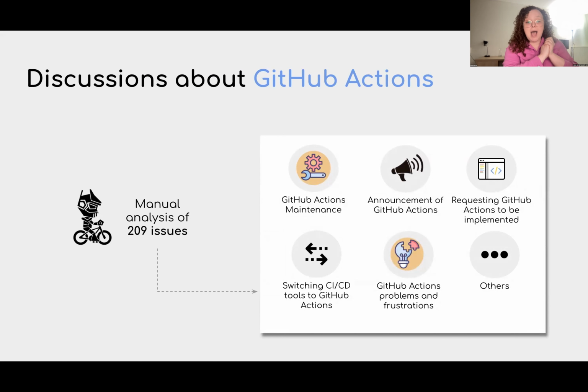And also how to implement, how to create a new one based on their needs. It also includes discussions about switching from one automation tool to another, for example, from CI/CD tools to actions, and also suggestions on how to implement an action, and requests for new actions.